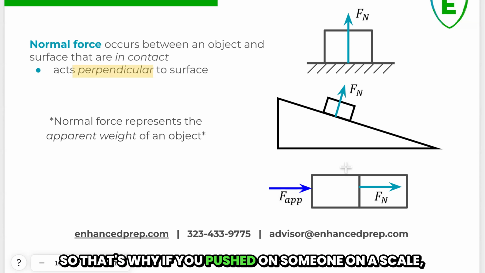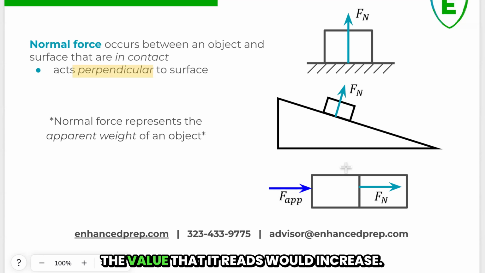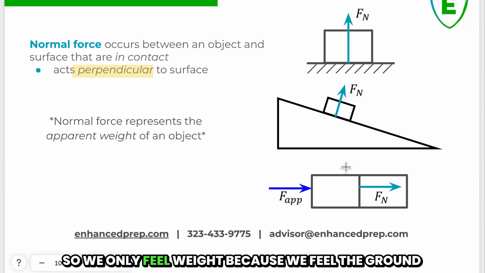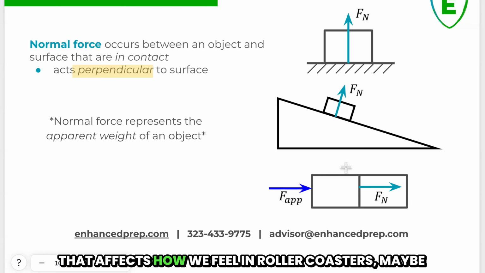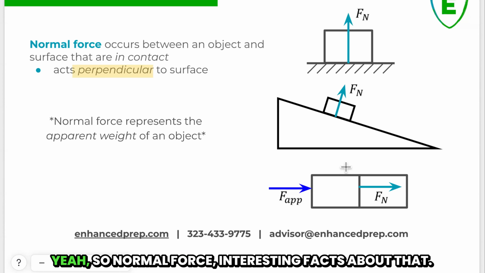That's why if you pushed on someone on a scale, the value that it reads would increase. So we only feel weight because we feel the ground pushing back up against us. That affects how we feel in roller coasters, maybe on elevators as well. So those are some interesting facts about normal force.